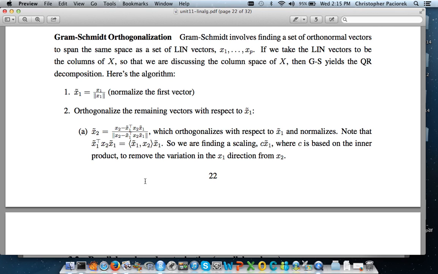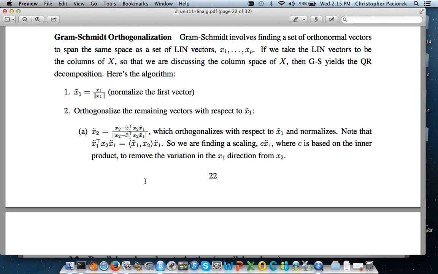Okay. And then once I've got that x1, so this is now going to be x1 tilde, I now need to take x2 and orthogonalize it with respect to x1. So I just want to take the portion of x2 that's orthogonal to x1, and I basically want to remove the portion of x2 that's in the direction of x1.